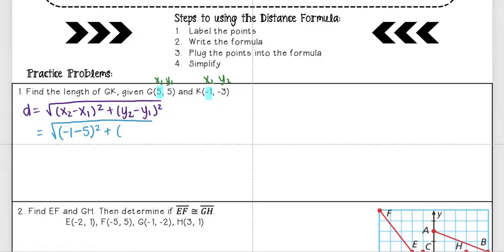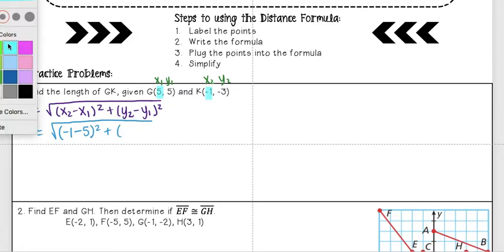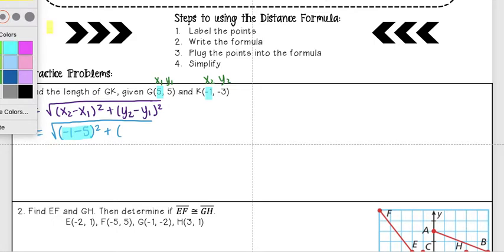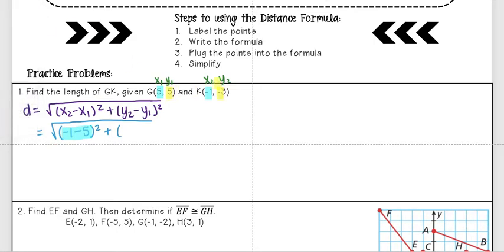And then do the same thing with my y's. So now I have y2, which is -3, minus y1, which is 5, squared.